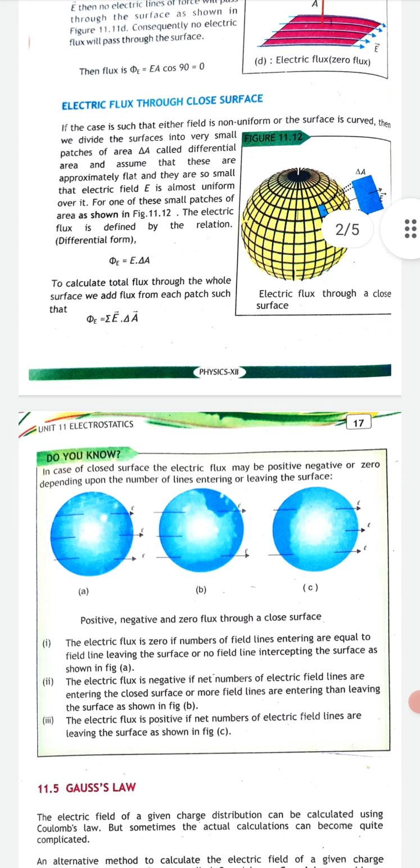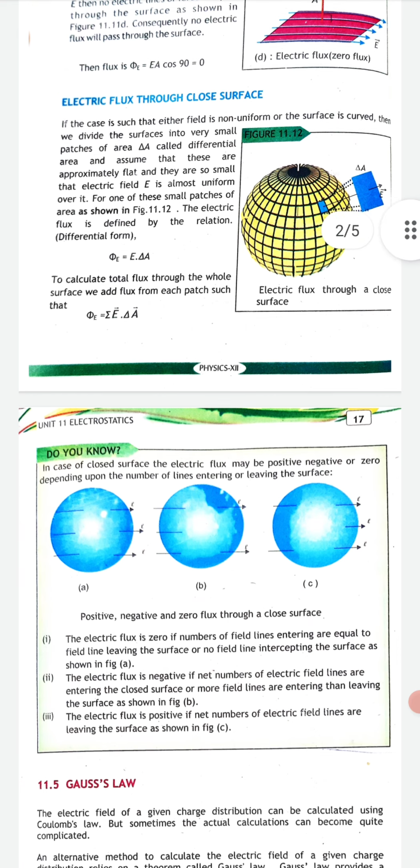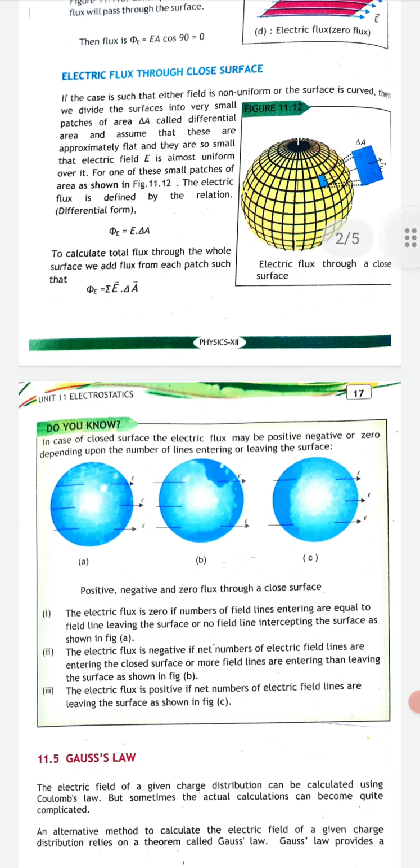Under that supposition, look at this figure 11.12, where we have zoomed in on one segment, represented by a blue color. We have divided the whole closed surface into small segments, and the area of each segment is represented by delta A. Delta represents a small change in any quantity. Here I am talking about the area, so it is a small segment of that closed surface, which must be a flat surface.